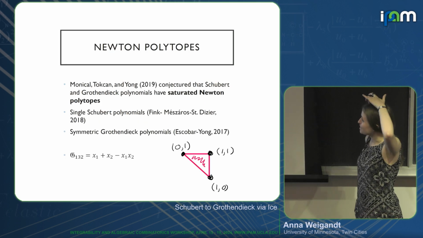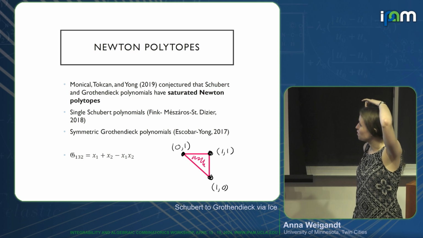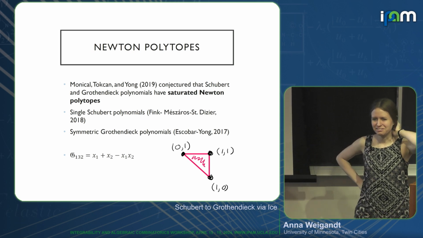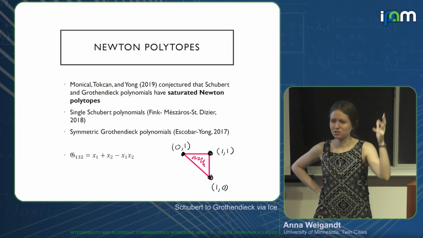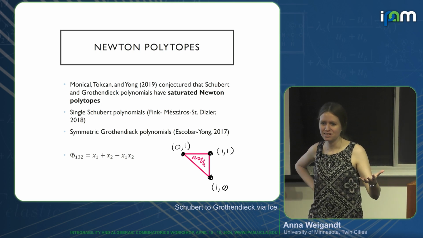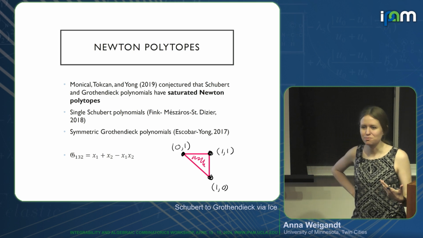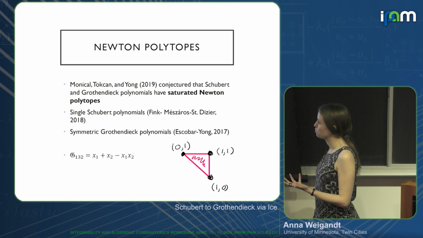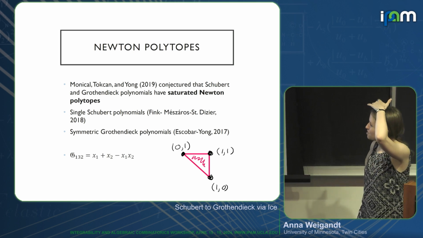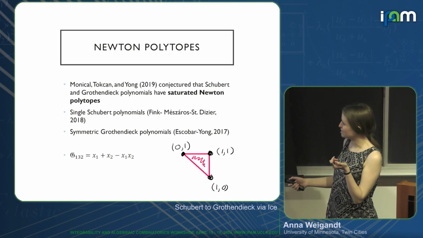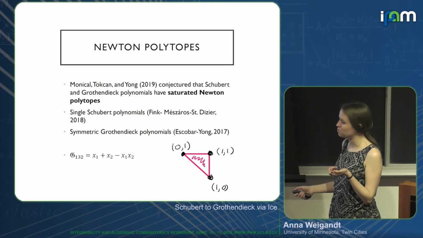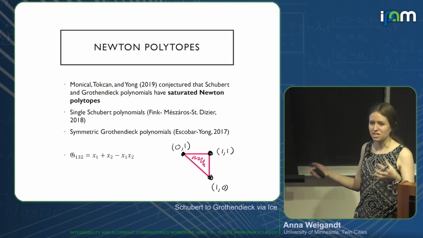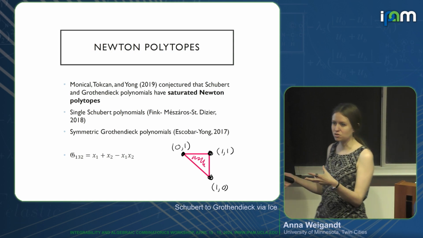There's also been the study of Newton polytopes. So Monical, Tokcan, and Yong looked at basically all your favorite polynomials from algebraic combinatorics land, and they made a bunch of conjectures about these polynomials, saying that they have this saturated Newton polytope property. So for a saturated Newton polytope, you basically take your polynomial, you plot its exponent vectors, and you take the convex hull of that.